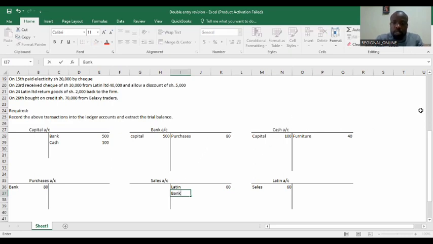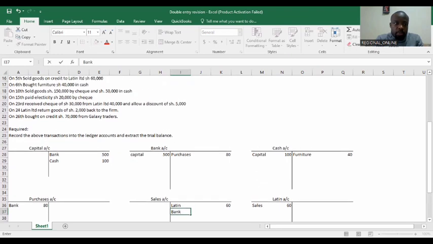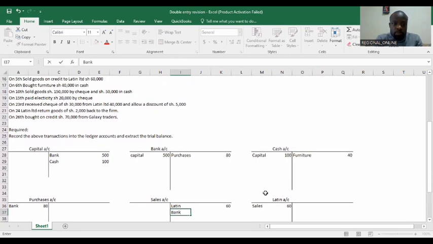Sales is an income. When an income increases, you credit by 150. And because I'm selling and receiving cheques, my bank is receiving some cheque from sales. So asset increases, you debit 150. Then on the same day, my sales are increasing because I'm selling on cash. That is 50. And my cash account is also receiving something from sales, my asset increasing by 50.